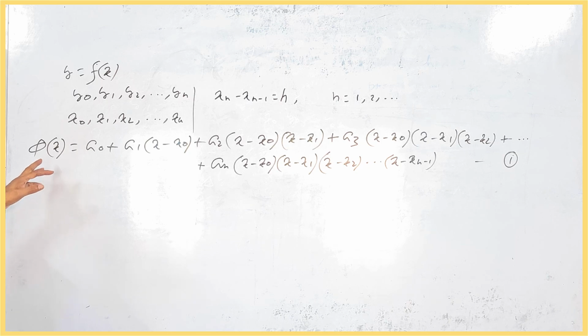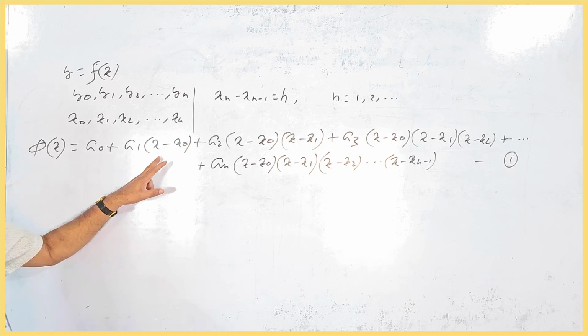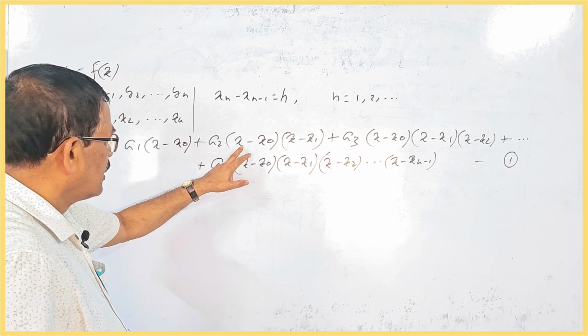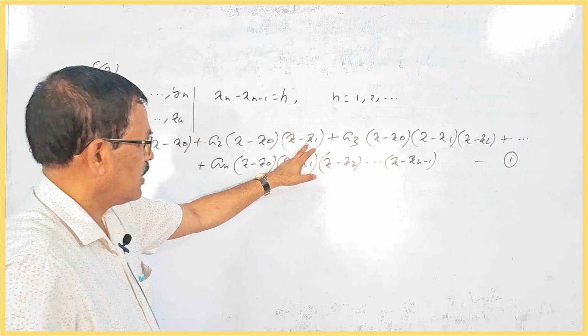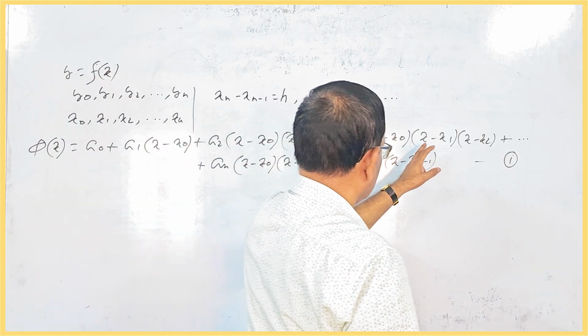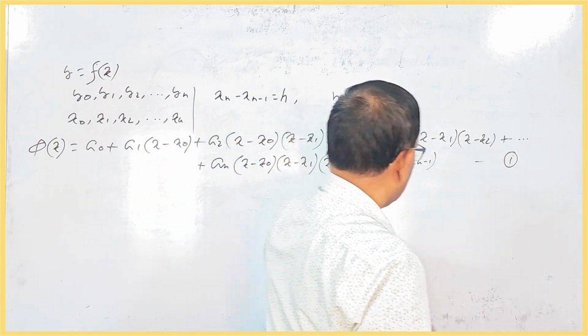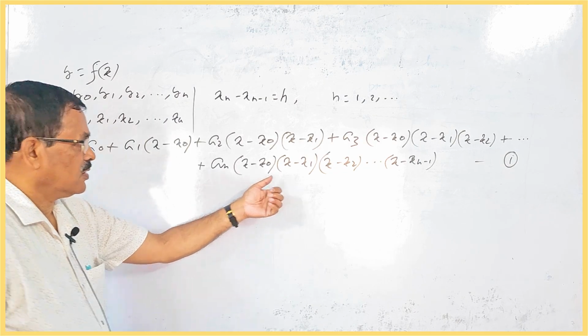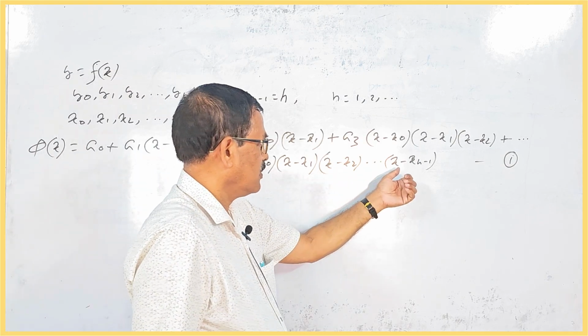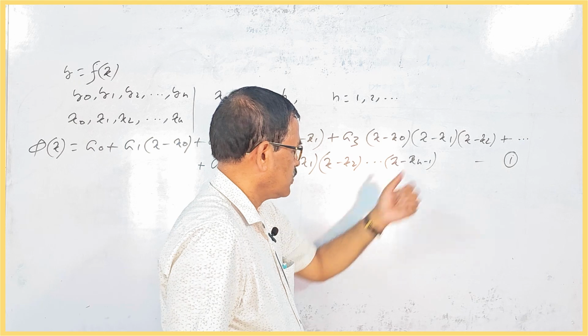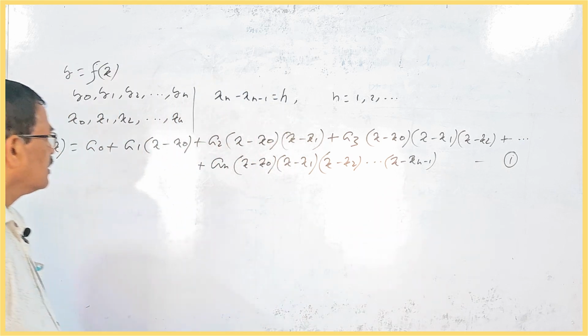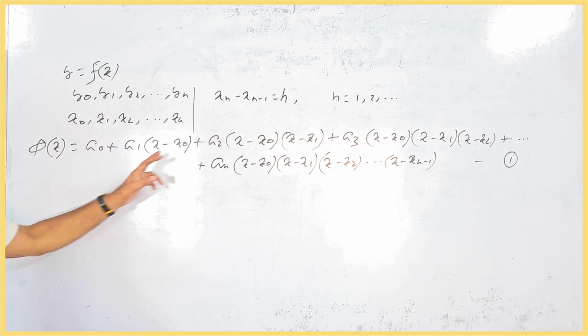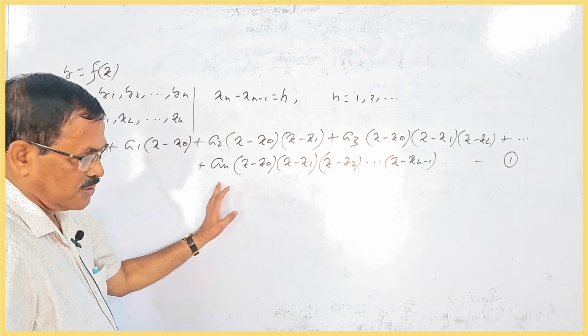Now the polynomial phi(x) is written in the manner a0 plus a1 times (x minus x0) plus a2 times (x minus x0)(x minus x1) plus a3 times (x minus x0)(x minus x1)(x minus x2) and so on. And the last term is an times (x minus x0)(x minus x1)(x minus x2) up to (x minus xn minus 1). So here a0, a1, a2 up to an are constants.